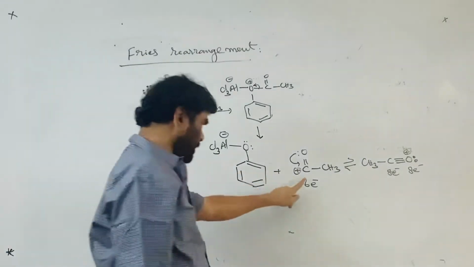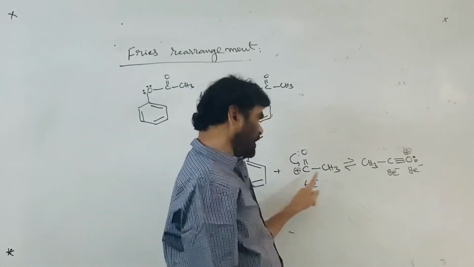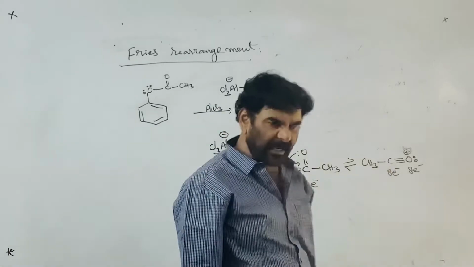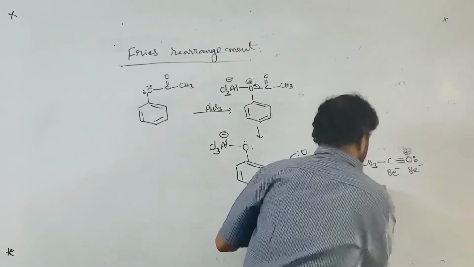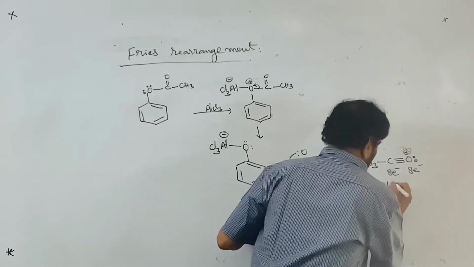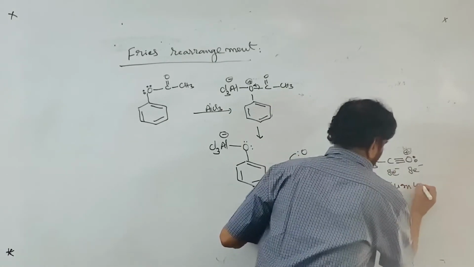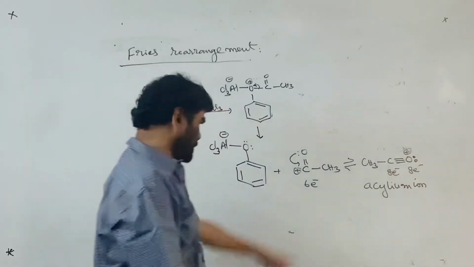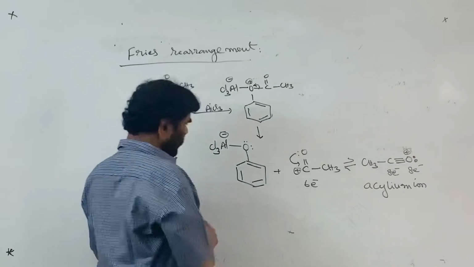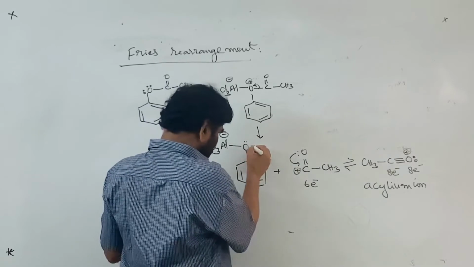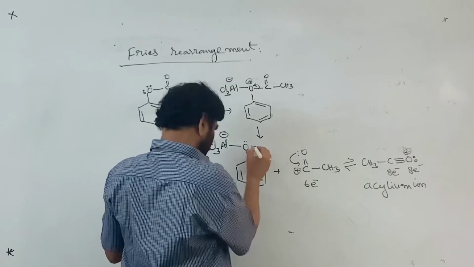This is the acetyl carbocation, called the acylium ion. This is the electrophile. Now, what happens? This takes part in the resonance.